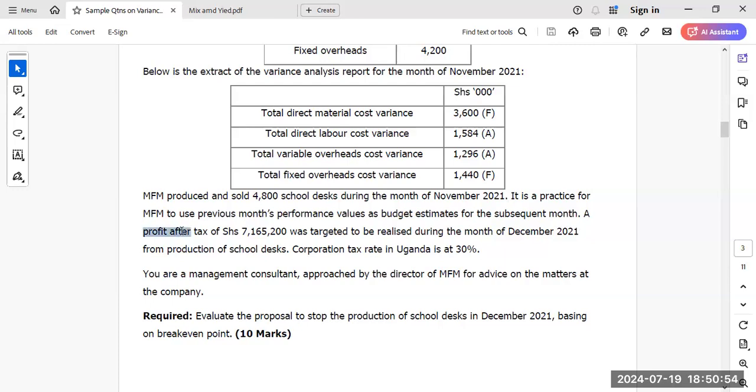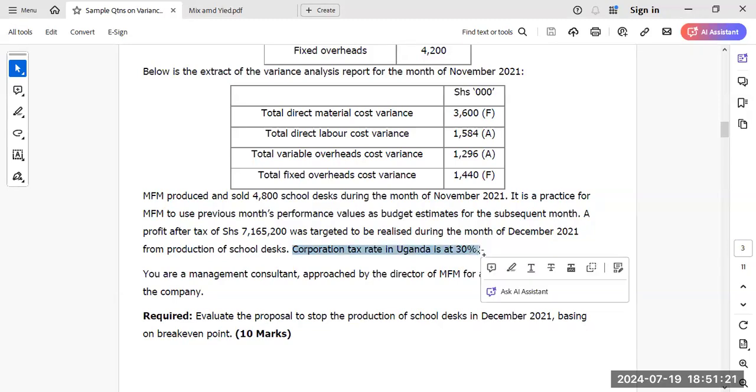So this is profit after tax. Every time you see profit after tax, you need to also be recording, oh, when I'm getting my break-even point, I have to include profit after tax. Okay? And they are telling you that the corporation tax in Uganda is 30%.